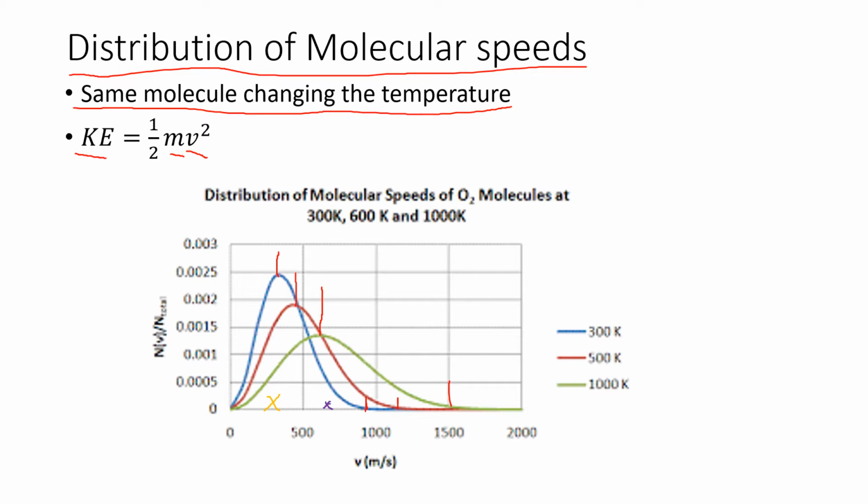That's because it's a wide distribution. So that's why we always talk about averages. You can't necessarily draw a conclusion from a single molecule because there's such a wide range of speeds. But what you do see is the average speed increasing.